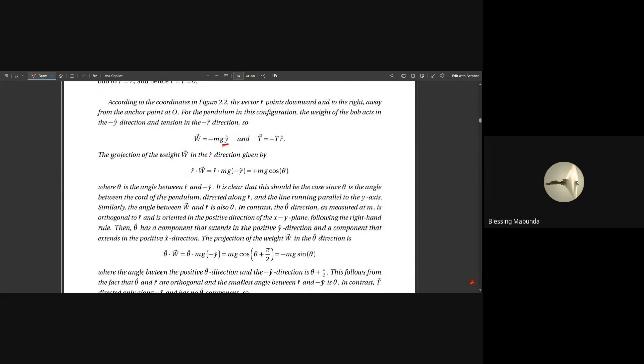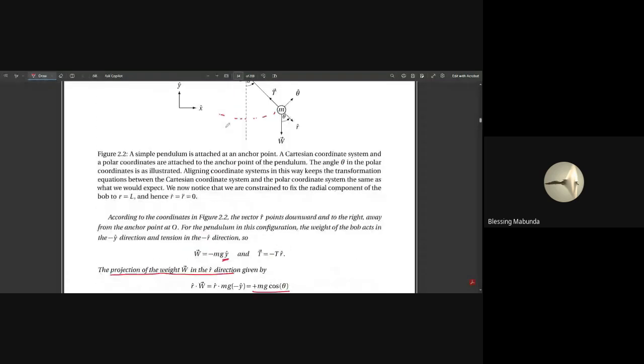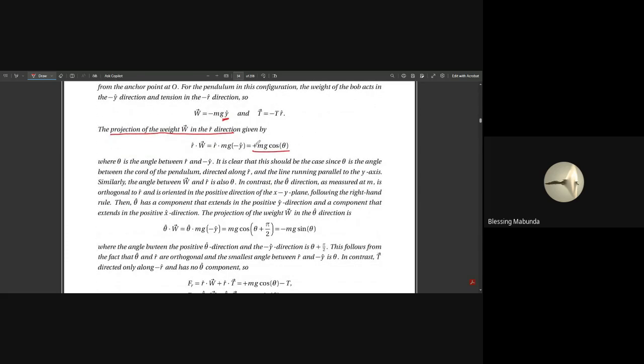So that's mg cosine theta. Theta is the angle between r hat and minus y hat. It is clear that this should be the case since theta is the angle between the rod of the pendulum, directed along r hat, and the line running parallel to the y-axis. Similarly, the angle between the weight and r hat is also theta.